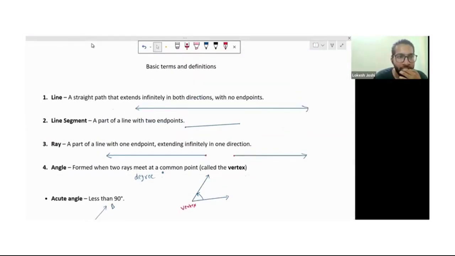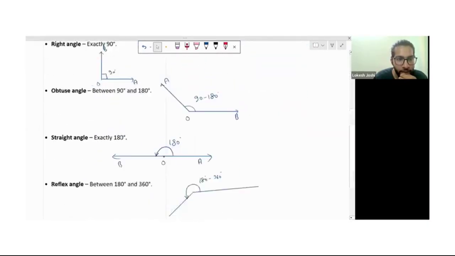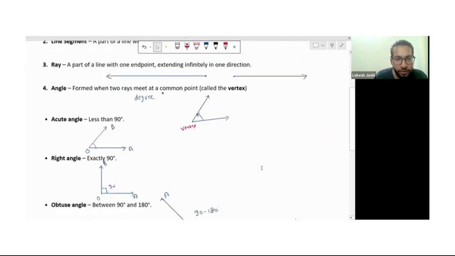So these are our basic terms and definitions which we have to cover in this topic, and these are the types of angle. So I am giving you a very simple question. You have to answer for this.